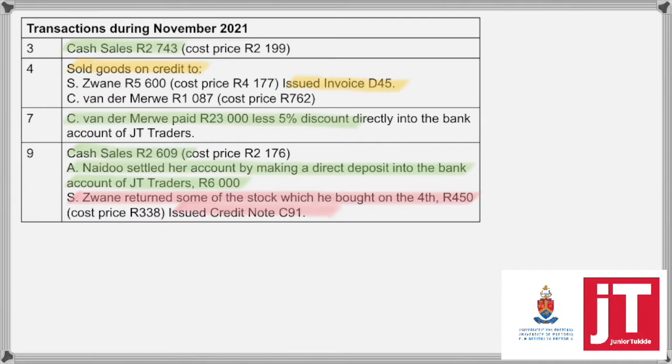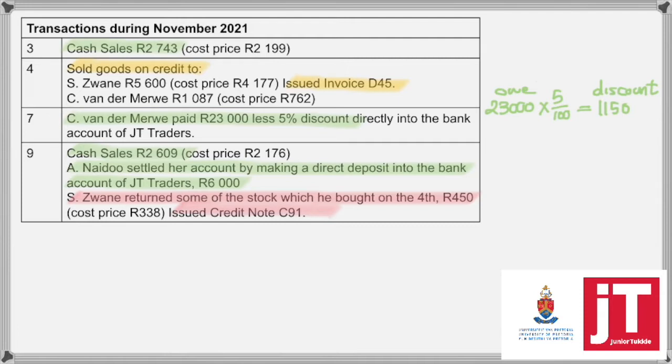Now, more specifically on some transactions: C. Van der Merwe paid 23,000 Rand less 5%. So he didn't pay 23,000, he paid 23,000 less 5%. He owed 23,000, but he got a 5% discount. How do we work it out? 23,000 times 5 over 100 gives us a discount of 1,150.